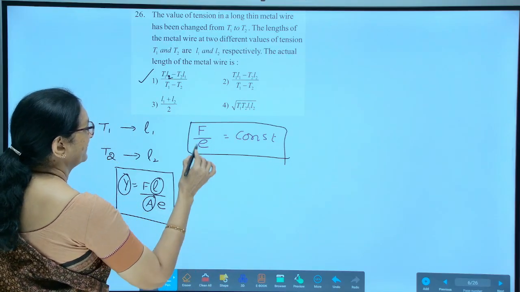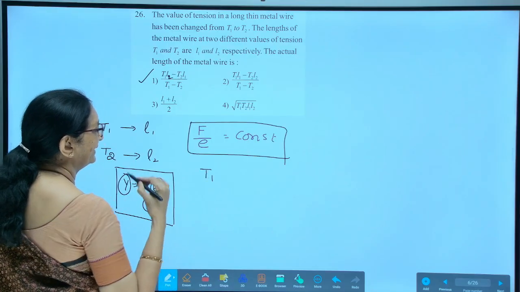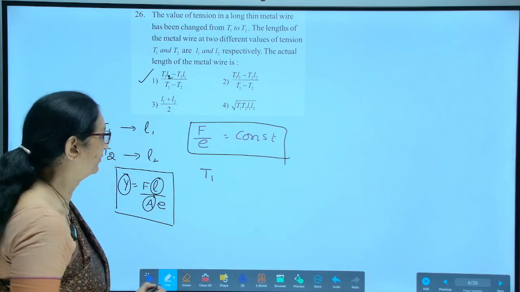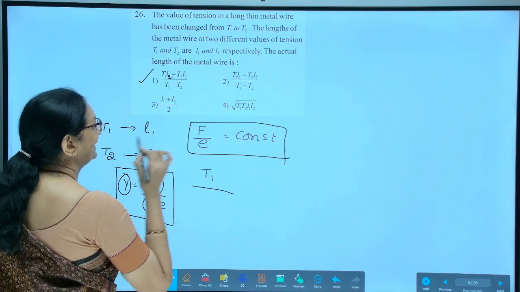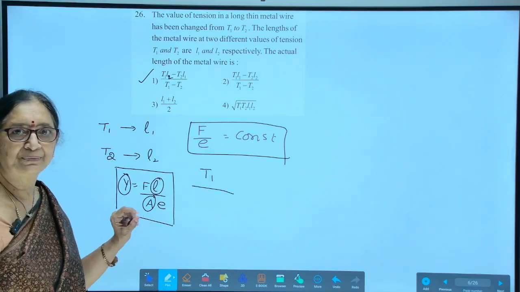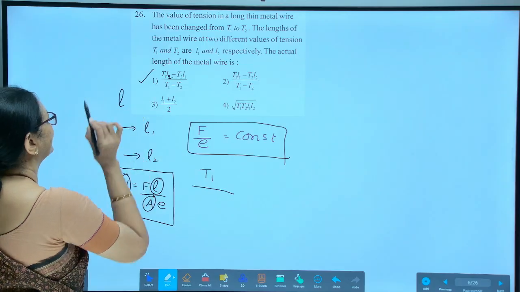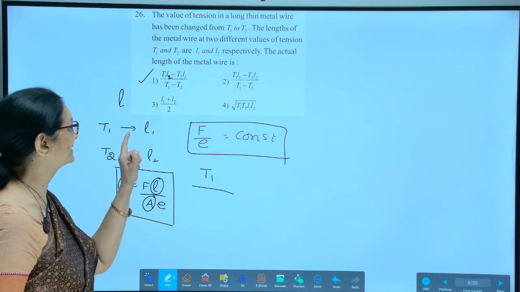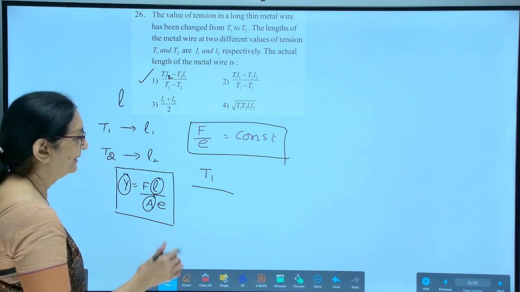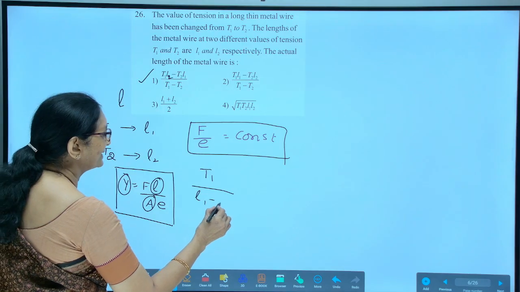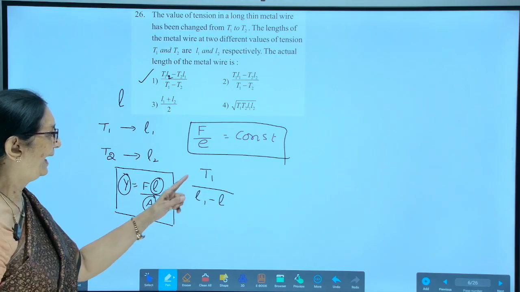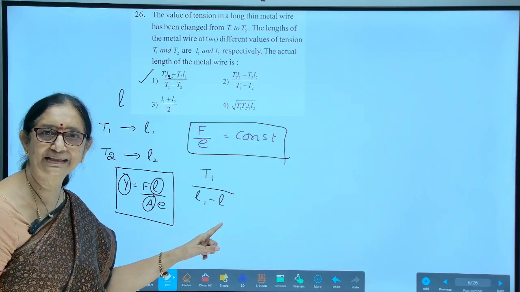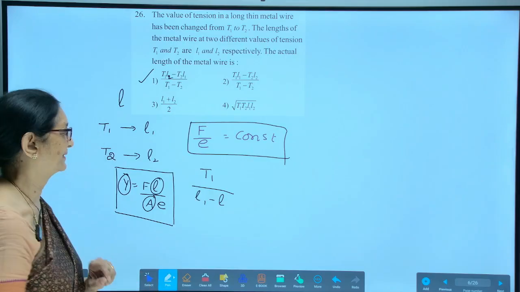That implies in the first case, tension in the string is nothing but the restoring force F1. At that elongation, the initial length of the wire is say L. When tension T1 is applied, length is L1. So final length minus initial length becomes extension produced. So E is equal to L1 minus L in the first case.